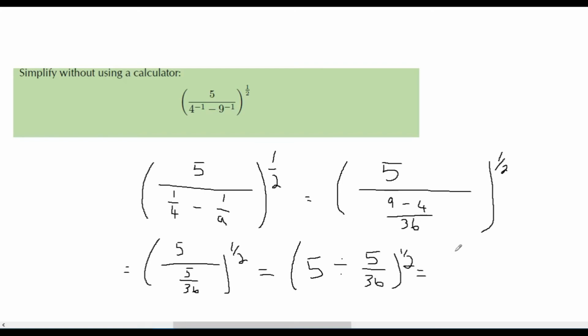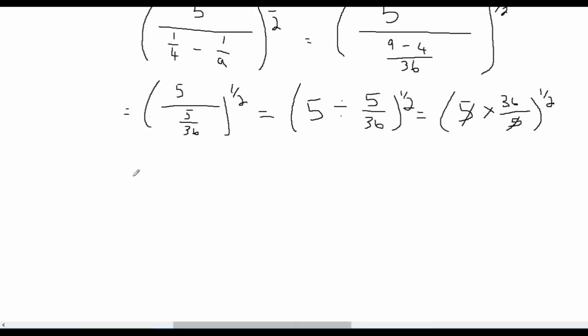This we can write in a form of multiplication, so it becomes 5 multiplied by 36 over 5 to the power of a half. These 5's cancel, so we're left with 36 to the power of a half.